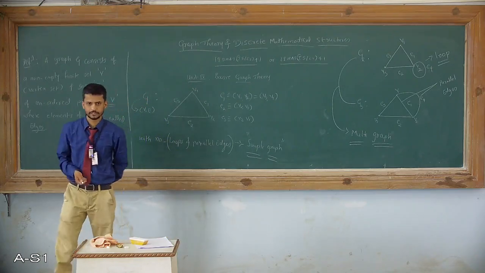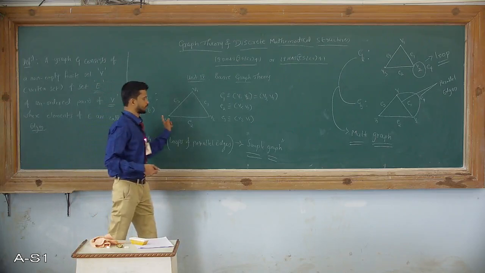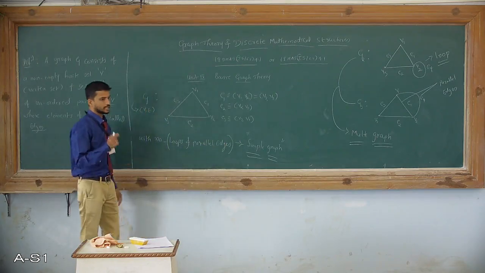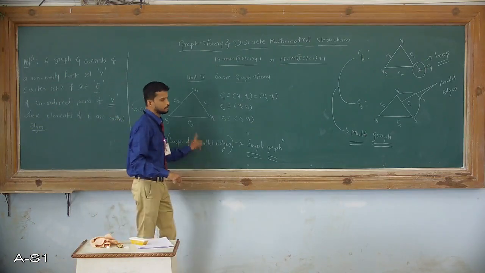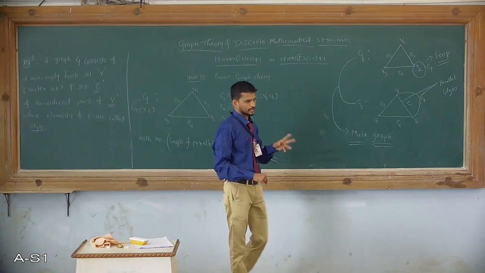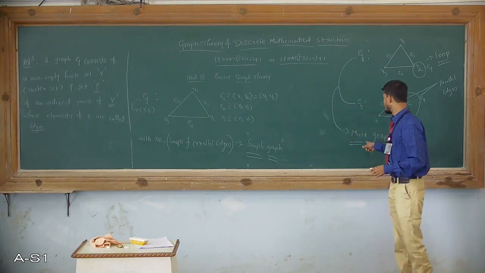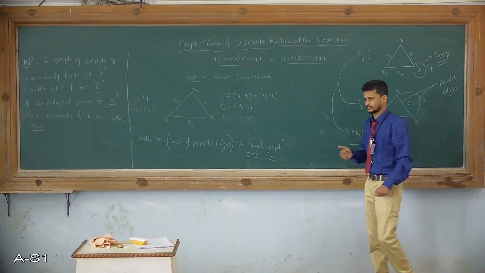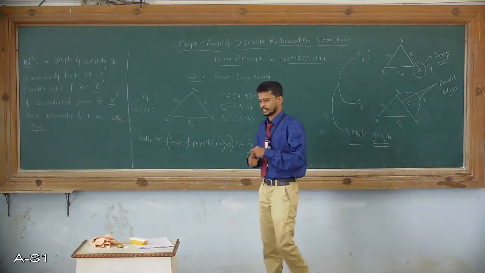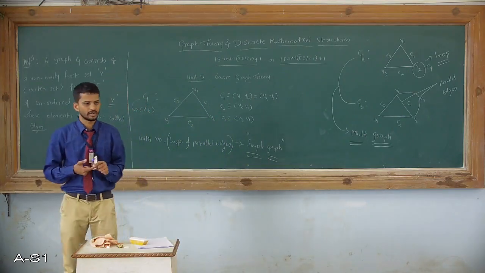Again, I will repeat the definition. A graph is said to be a simple graph if it does not include either a loop or parallel edges. If at least one of those is present, then we can say it is a multigraph. So right now we have gone through the main classifications, that is directed graphs and undirected graphs. Here we concentrate only on undirected graphs.